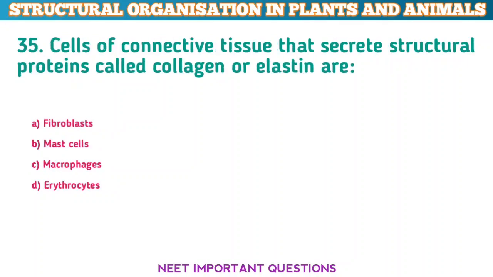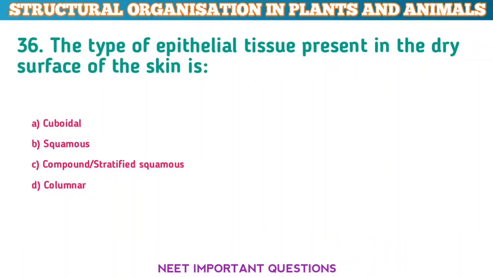35. Cells of connective tissue that secrete structural proteins called collagen or elastin are. Answer. A. Fibroblasts. 36. The type of epithelial tissue present in the dry surface of the skin is. Answer.